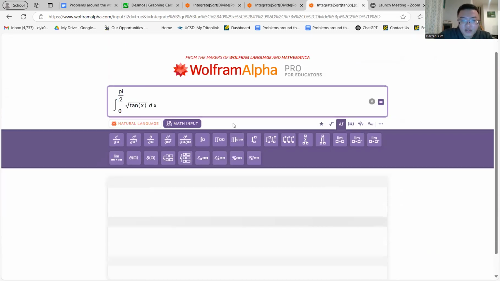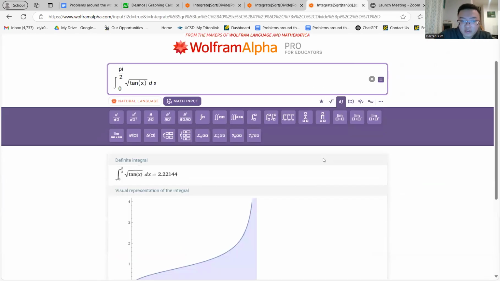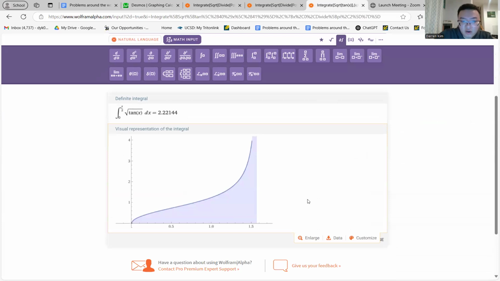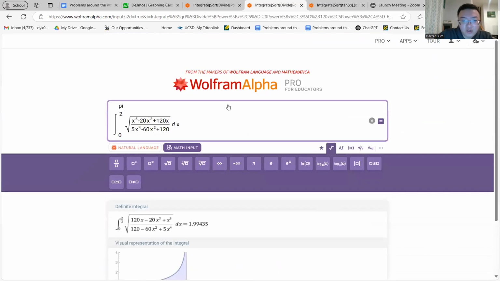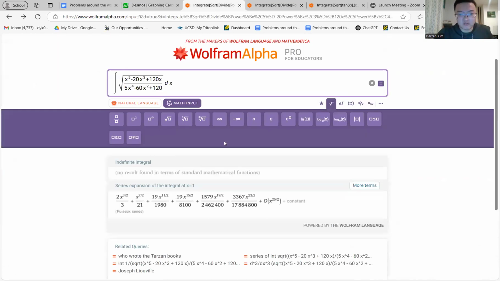Yeah. There's an analytical solution to this, but I don't really know how you got the analytical solution to this stuff. So it's 2.22 and it's 1.99. Excuse me. What?